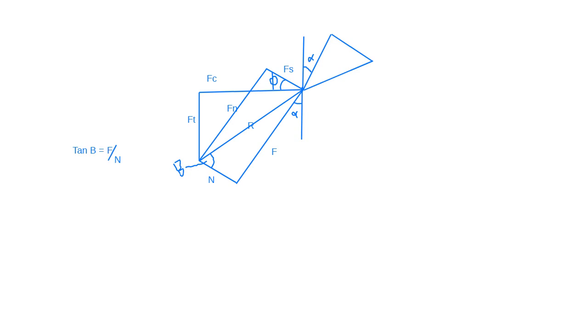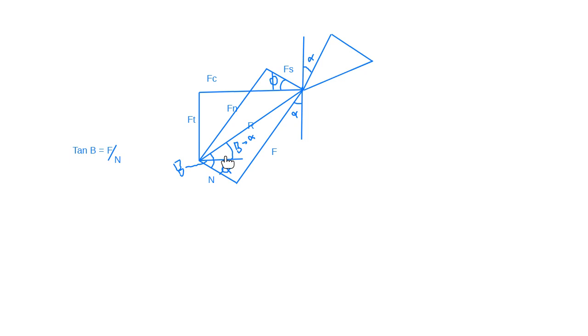If you make a horizontal line here, then this angle will be alpha. Then the balance remaining is beta minus alpha.